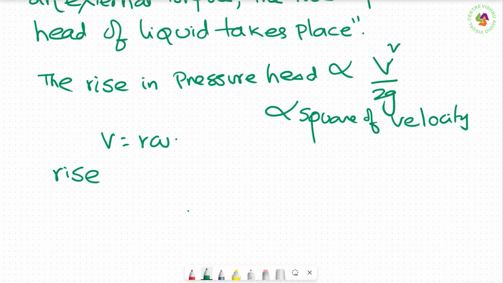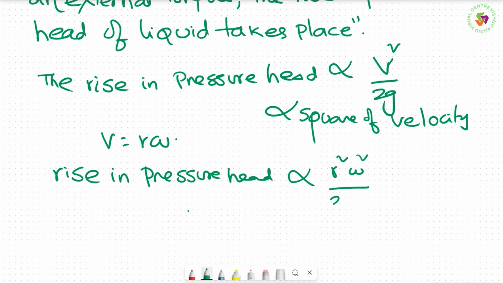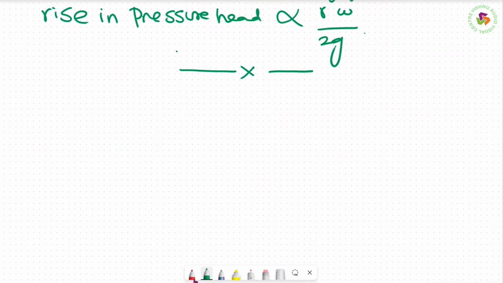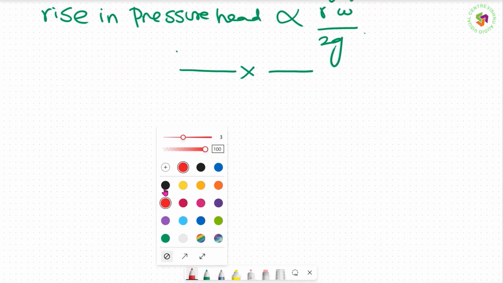Therefore, the rise in pressure head is proportional to R square omega square by 2G, and omega can be calculated by using 2 pi N by 60. So the first thing is what is a centrifugal pump, then what is the principle of a centrifugal pump. Then we go into classification of centrifugal pumps.